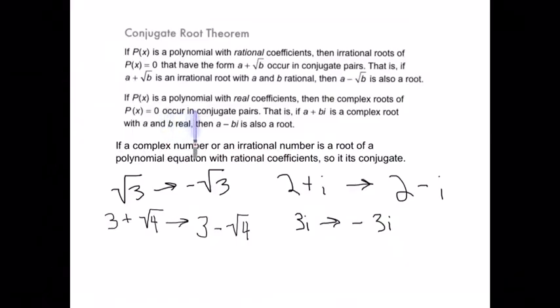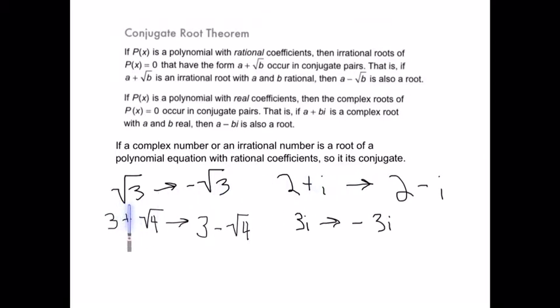So the last theorem is the conjugate root theorem. This is the actual conjugate root theorem, but I like to write in my own words to try to make sense of it. So if a complex number or an irrational number, which is usually a radical, is a root of a polynomial equation with rational coefficients, so is its conjugate.